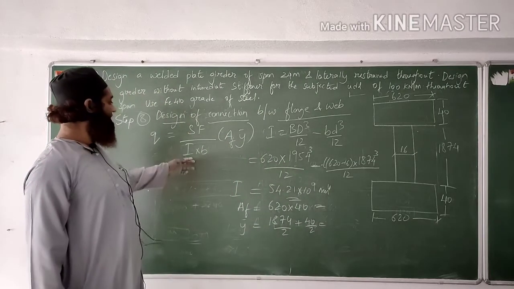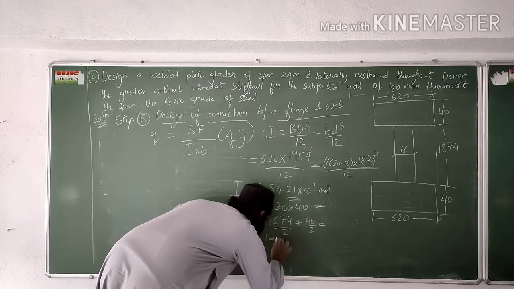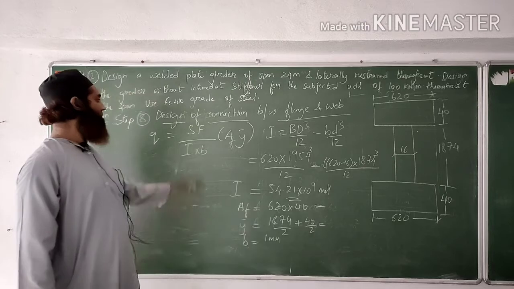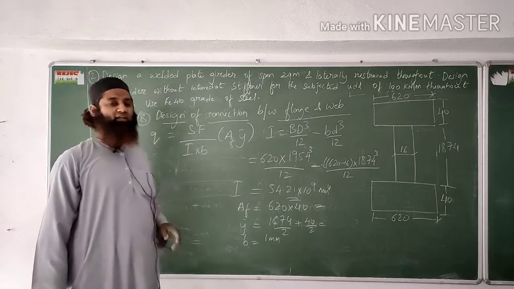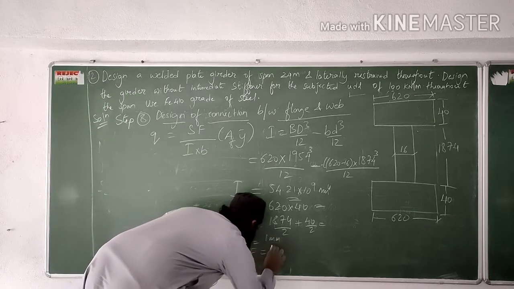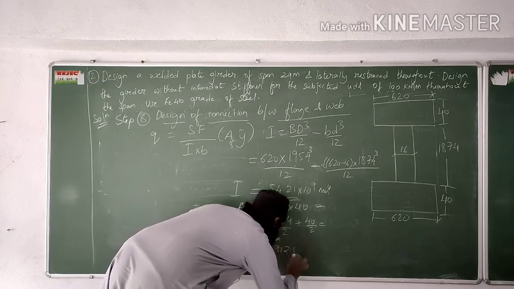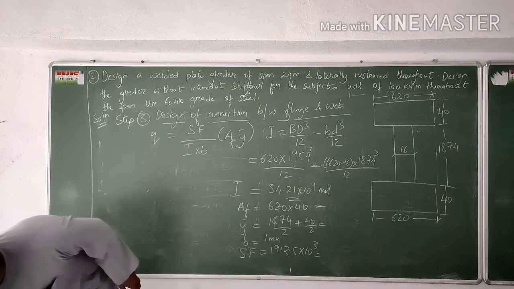What else is left? B is 1 mm. We will be seeing for a 1 mm strip, and SF, that is VU, is 1912.5. Let us convert it into Newton also. I will just write all the values at once.